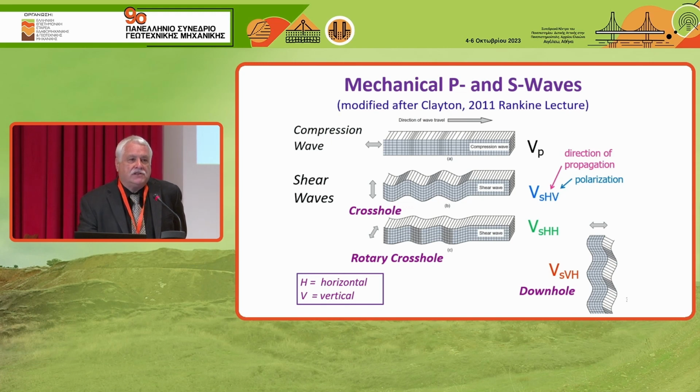Well, one of those stresses is left out in a shear wave. It's only dependent on 2 of the 3 principal stresses. And so because of that, we have a VSHV wave. That's a typical crosshole type task. A VSHH, that's a special type of crosshole where we use a rotary torsional source. And then VSVH, which is downhole.